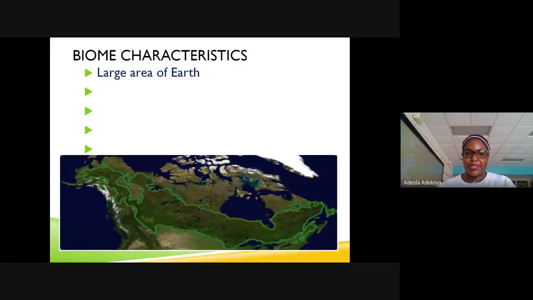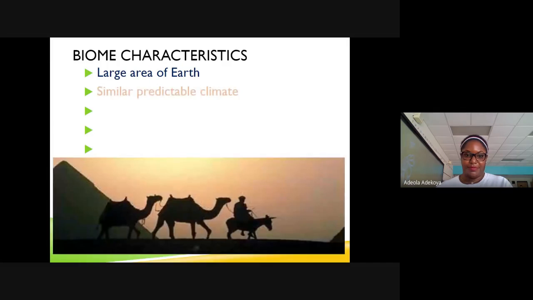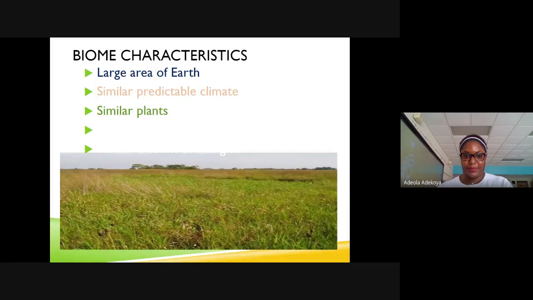So biome characteristics. This is very important. If you would please write this down as well. A biome is a large area of Earth. It has similar, meaning same, predictable, meaning you can predict or tell, climate. It has similar plants.